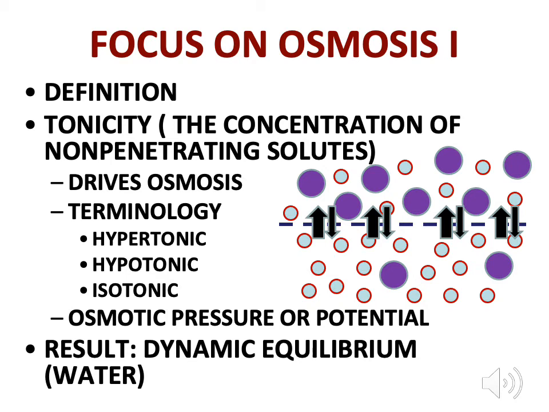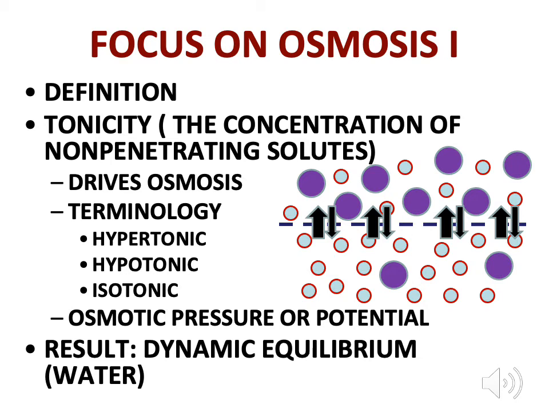That's the trend. So the movement of water molecules is going to tend to decrease the concentration of the hypertonic region and increase the concentration of the hypotonic region to the extent that we're going to get some balance in concentration. Hence, my third bullet point, the term isotonic, meaning the same concentration.